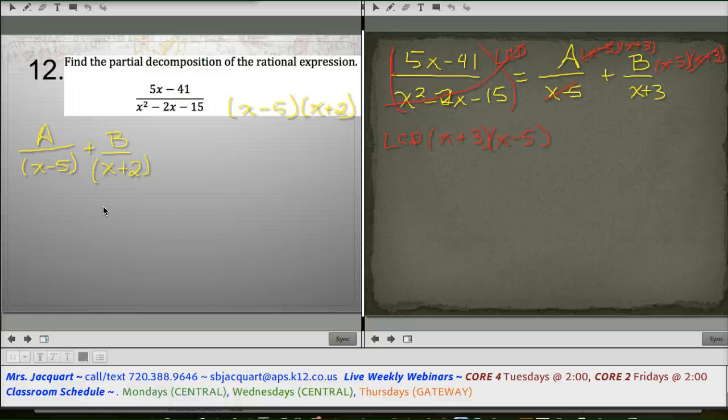So I get a times x plus 3 plus b times x minus 5. Multiply it through. Do your grouping parts.